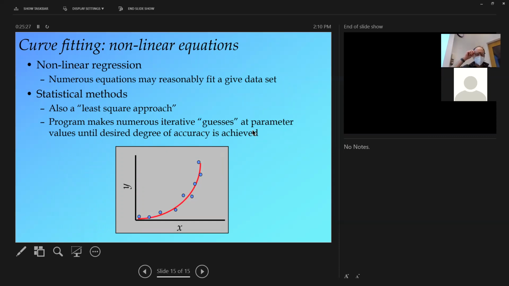Essentially, what a computer is going to do when you ask it to do a nonlinear regression for you, which is what all of us will do because none of us are going to do this by hand, is use a least squared method.